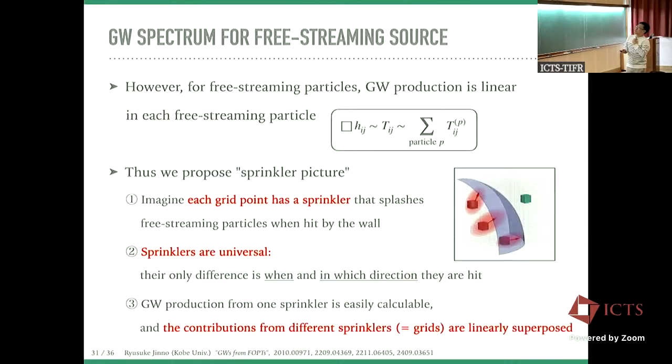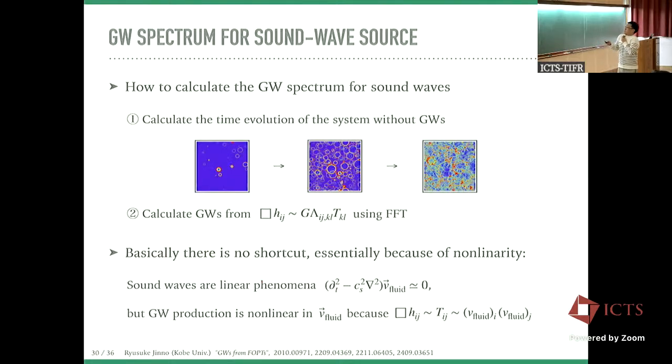To explain this, let me explain the calculation for gravitational wave production in the sound wave case first. This is a recipe for how to calculate the gravitational wave spectrum for the sound wave case.